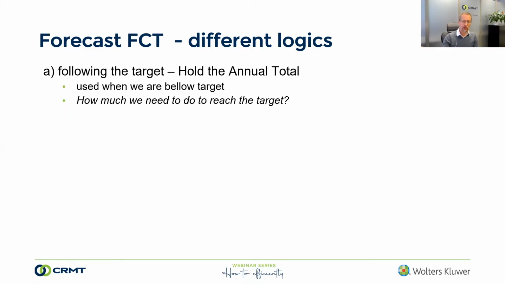So we want to hold the final number. Usually we use this approach when we are below the target. Why? Because we want to answer the question, how much do we need to do to reach the target.